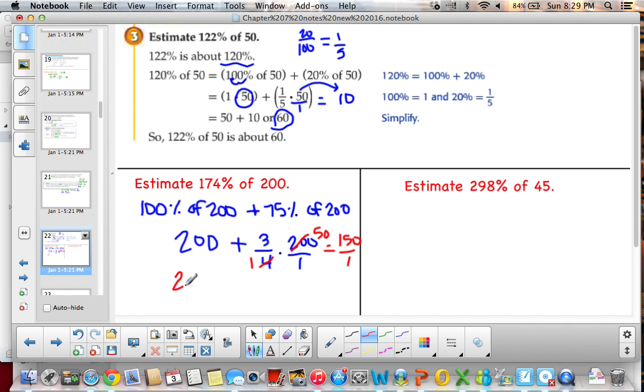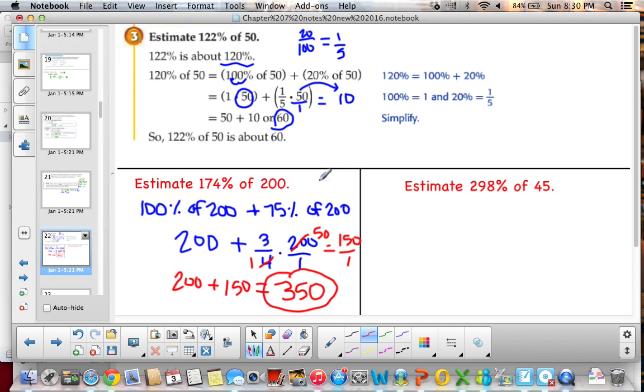So then we have 200 plus 150, which equals 350. So 174% of 200 is approximately 350. And again, if it's a percent over 100, it's a number greater than that number that you're taking the percent of. And then we have 298% of 45.